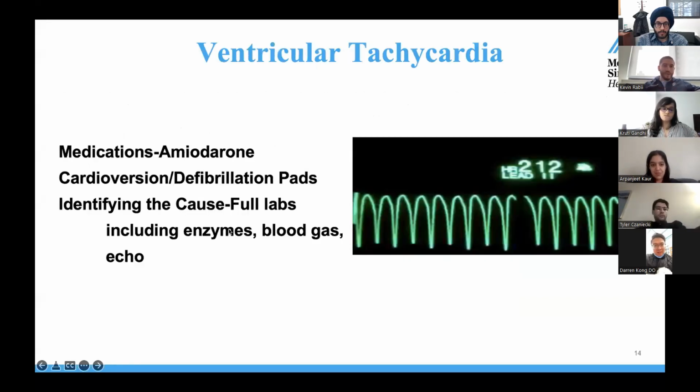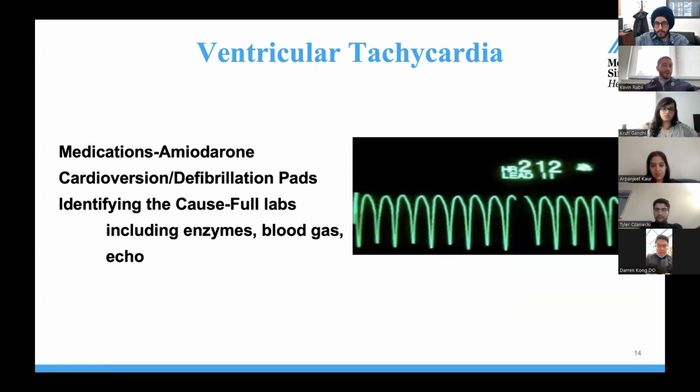So there's no exact answers here, but in terms of meds in this situation, I would consider something like amiodarone. It's very commonly a first-line antiarrhythmic when patients are having these recurrent episodes of VT. Obviously, have pads on the patient. You want to work up why this is actually happening.